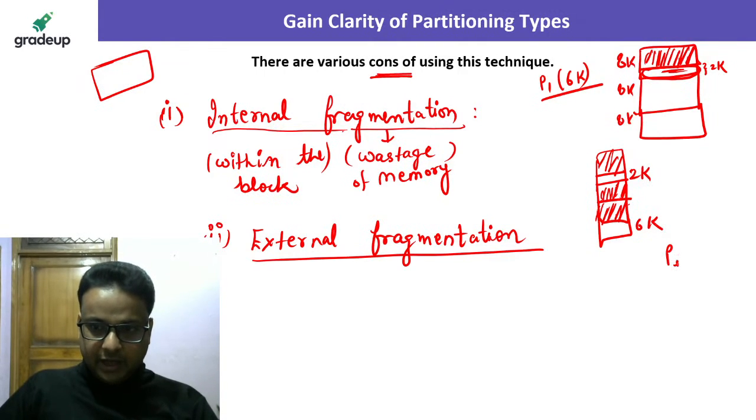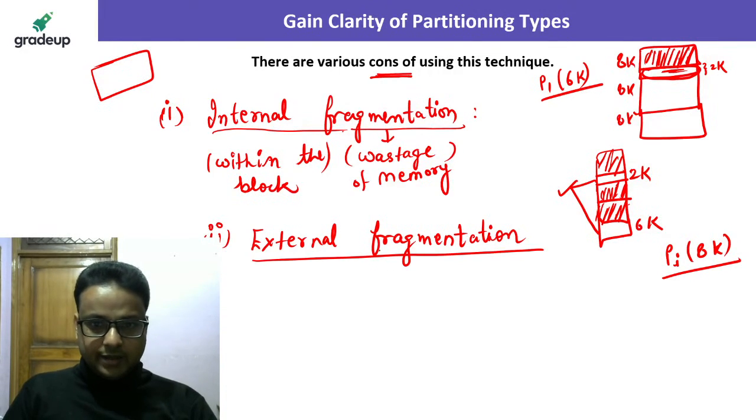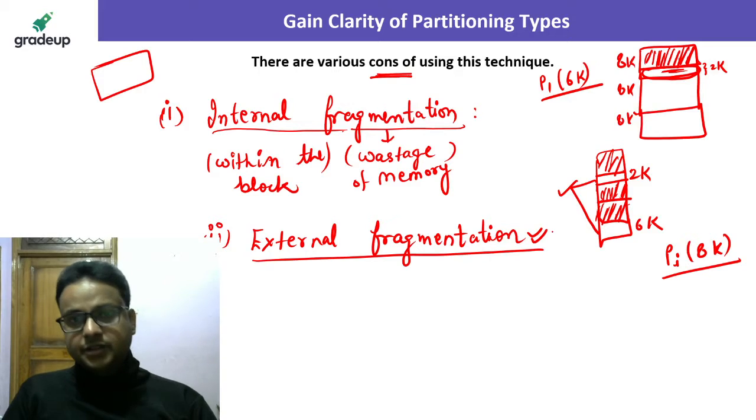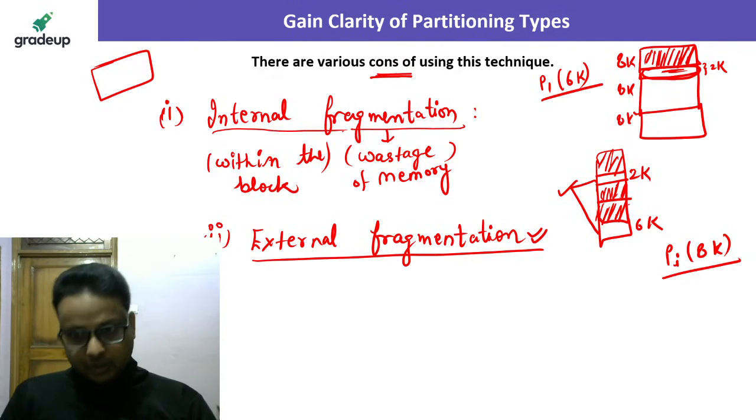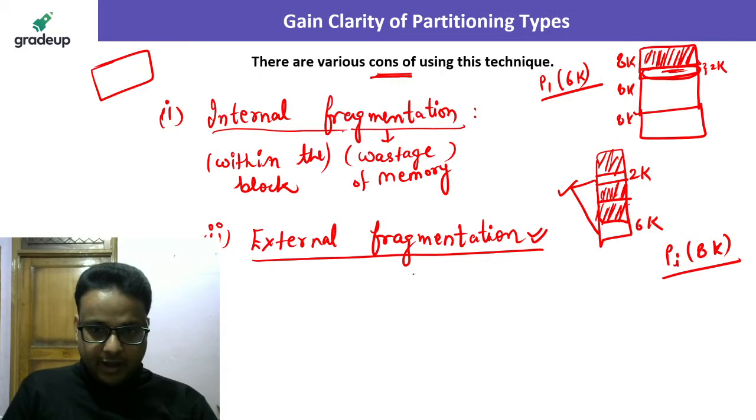Now I have a process Pi which requires 8K, and I have 8K available but not contiguous. So this wastage is known as external fragmentation. That is, it is not within the block but outside the block. The memory is available, but it is not continuous. That is the reason we call it external fragmentation. This is also a drawback.